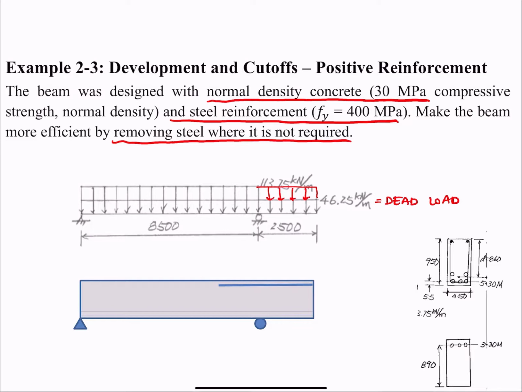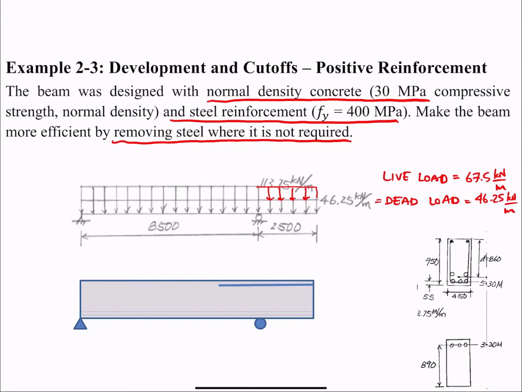So if this is 113.75, then my dead load is 46.25. My live load is 67.5 kilonewton per meter. Dead load 46.25 kilonewton per meter. So these are the loads.